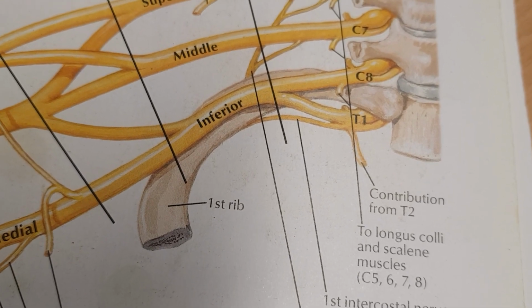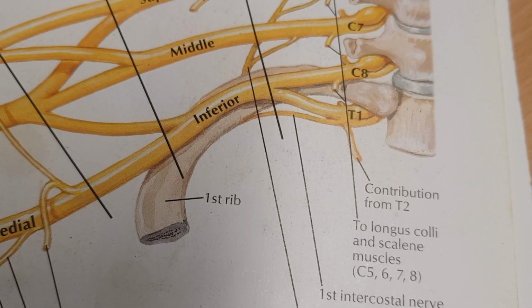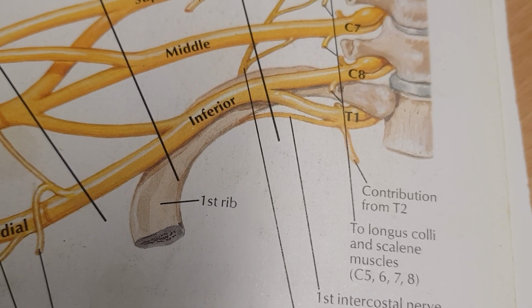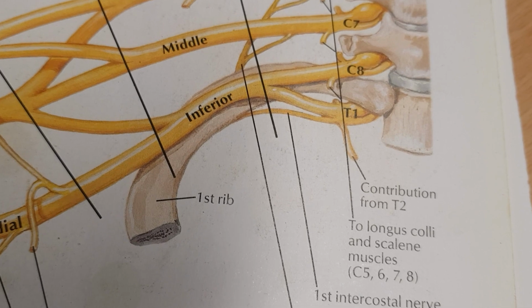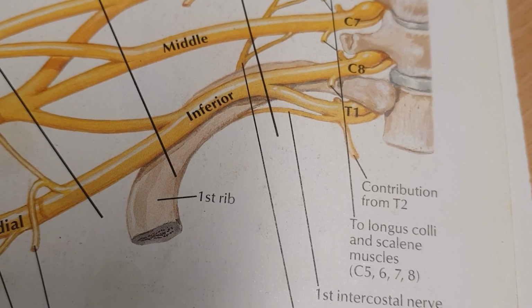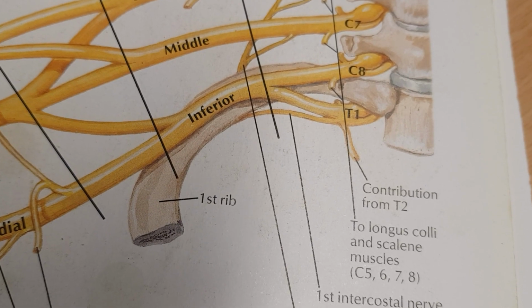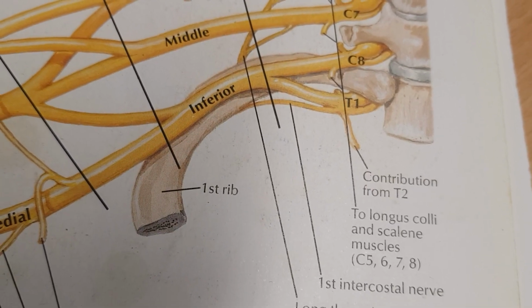The brachial plexus is between the anterior and middle scalene. So immediately after the scalenes, just above the clavicle, lateral to the scalene muscles, you can palpate the brachial plexus.